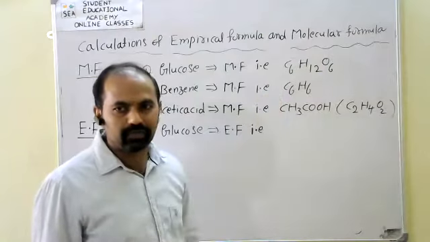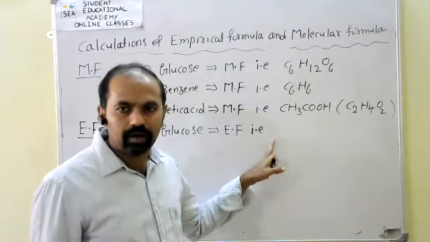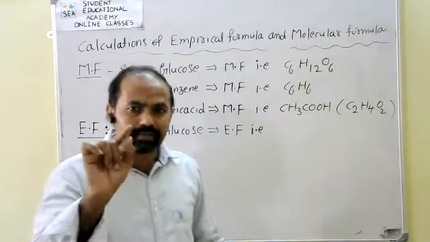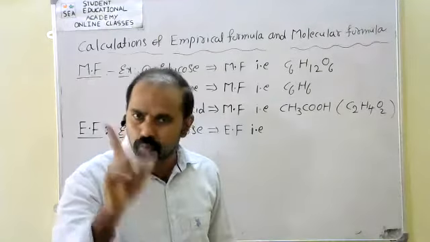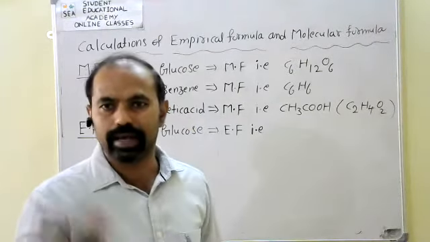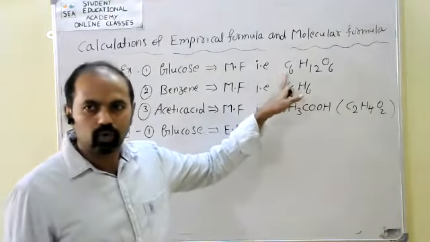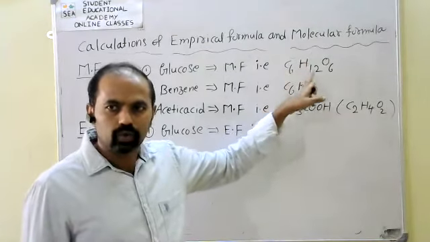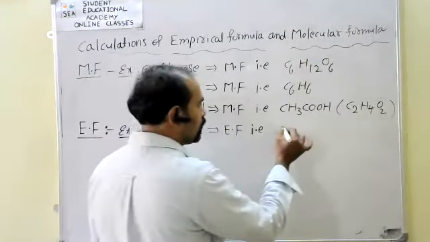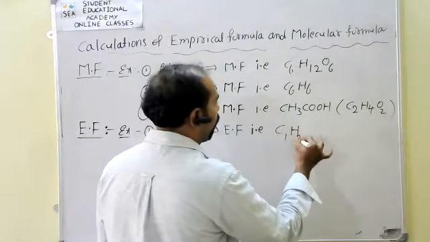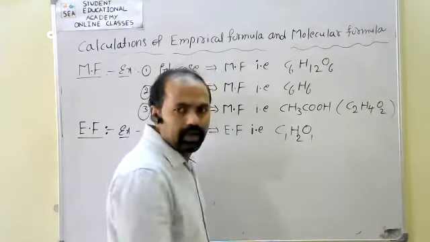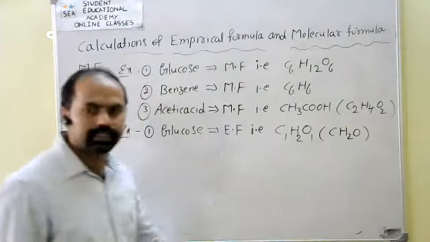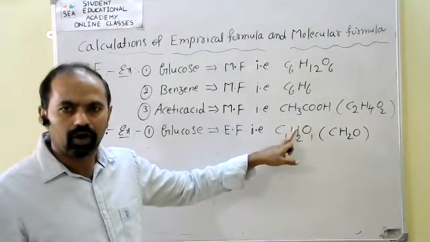That is called molecular formula. Now, empirical formula represents the simplest ratio of atoms of different elements in one molecule of substance. With respect to glucose, what is the ratio of carbon, hydrogen and oxygen? 1:2:1. So it is C1H2O1, otherwise represented as CH2O. This is the empirical formula of glucose.